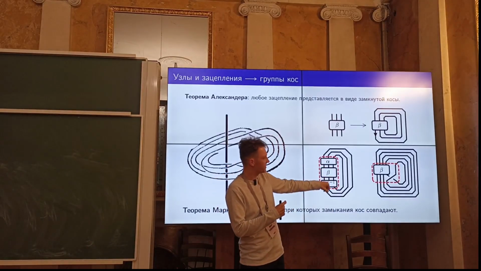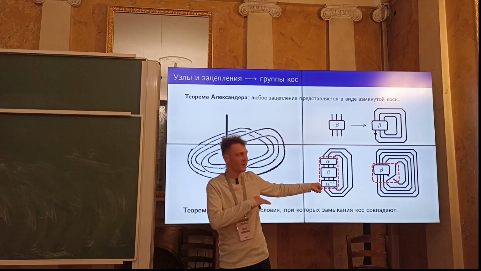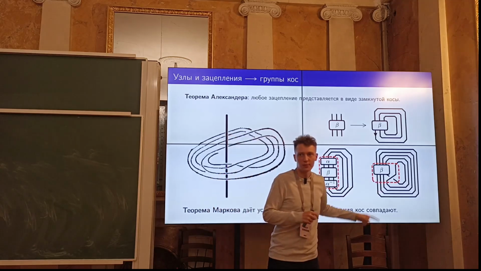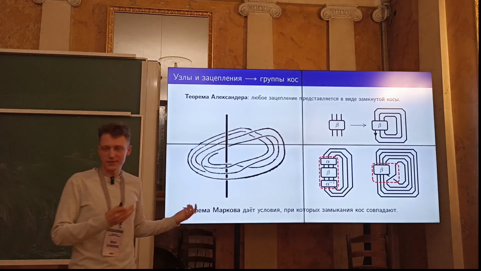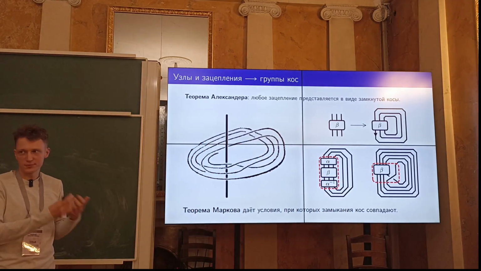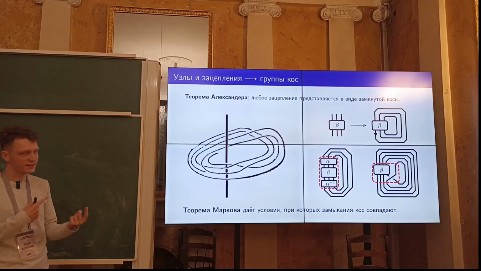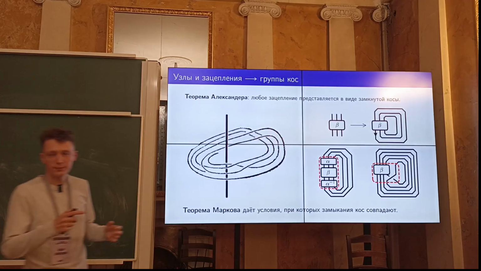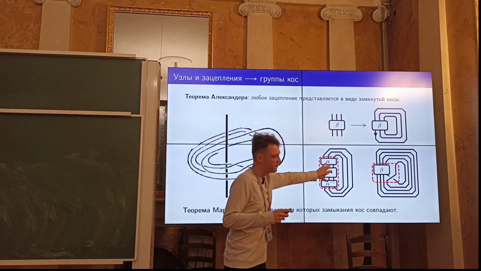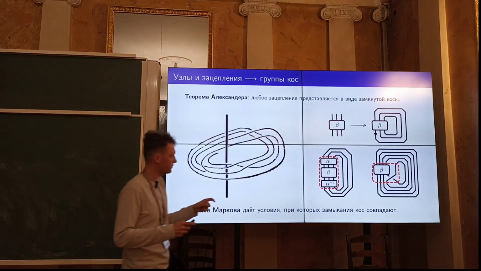The first one is conjugation in the braid group, and the second one is the so-called stabilization. These are the so-called Markov moves, and any two braids can be related by these moves if they represent the same knot or link. And I will focus on the first type of move, conjugation.